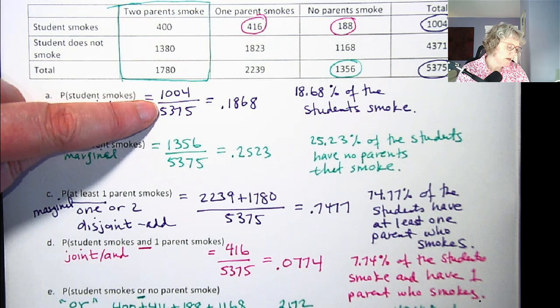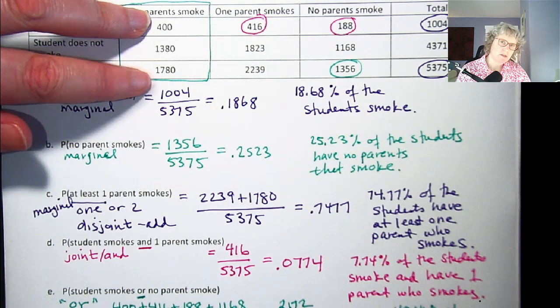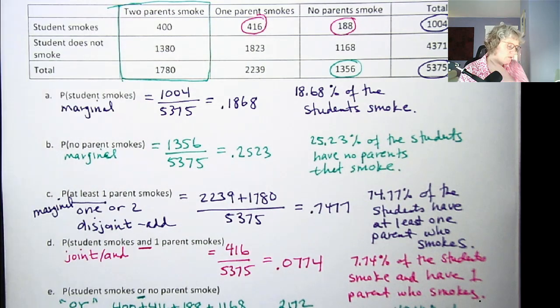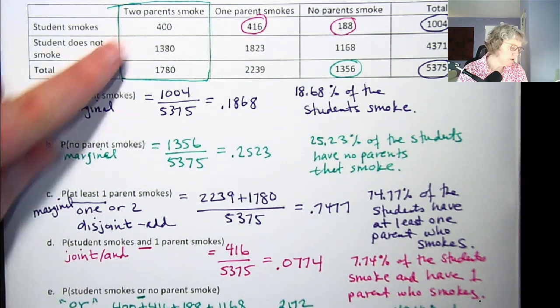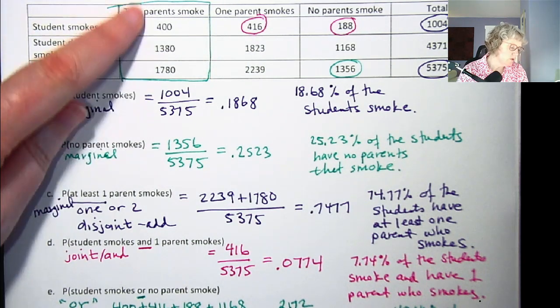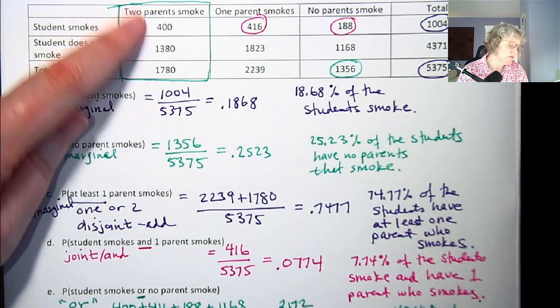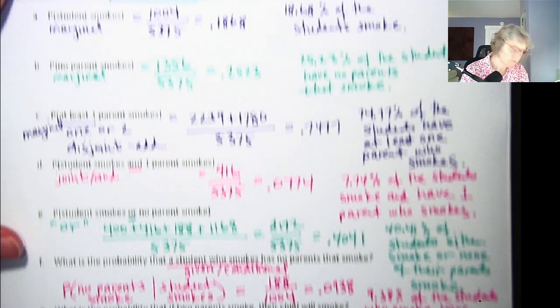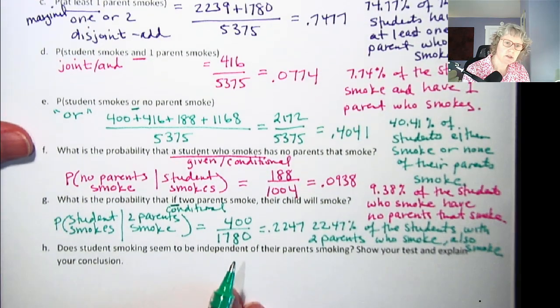So this time we're going to go down versus last time we went across. So it can go either way. So this time I'm going to go student smokes out of the total, or student smokes out of the total of 2 parents smoking.